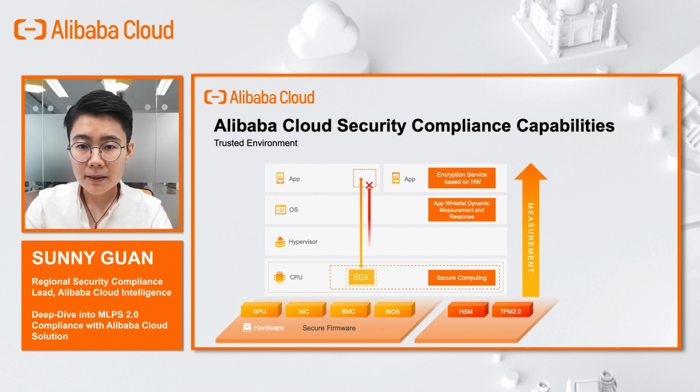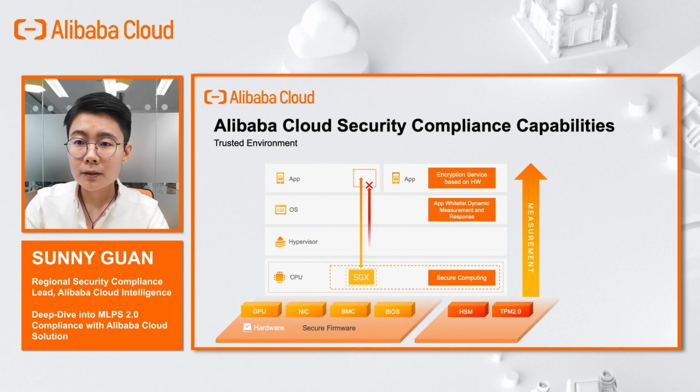The trusted environment is ensured by the secure hardware and firmware. It measures and validates against the firmwares and the drivers underneath your applications and running on top of the hardware within our infrastructure. On top of that, we use TPM 2.0 for the secure measurement for the infrastructure environment.